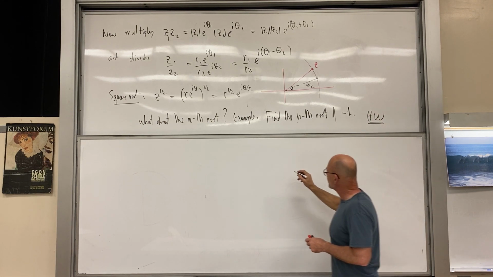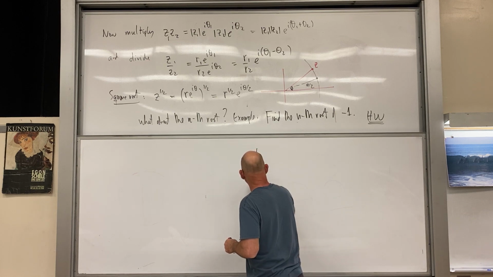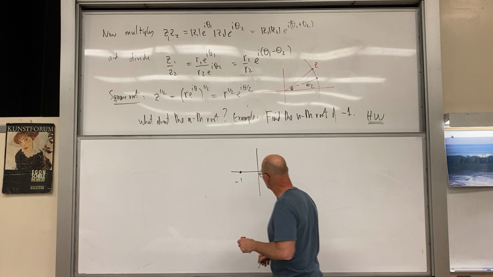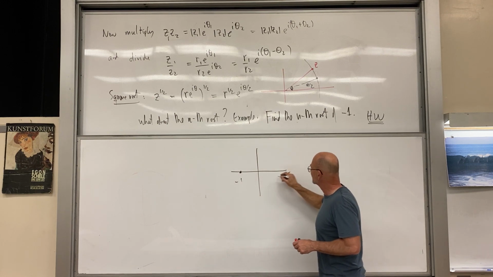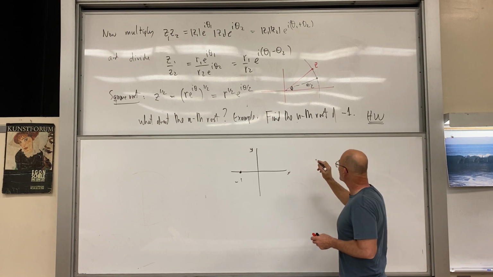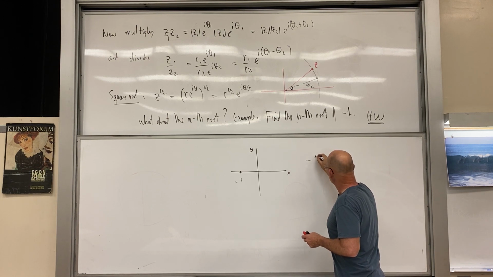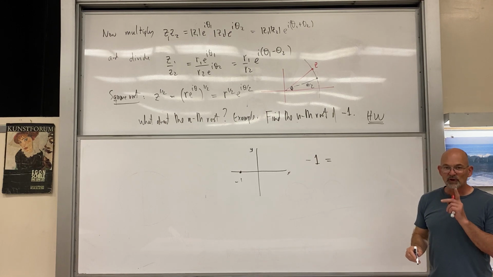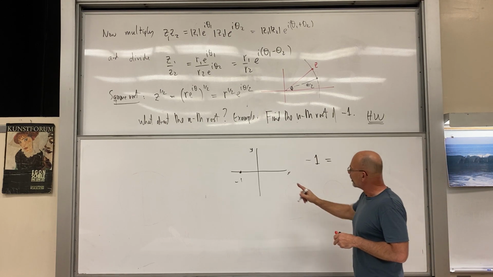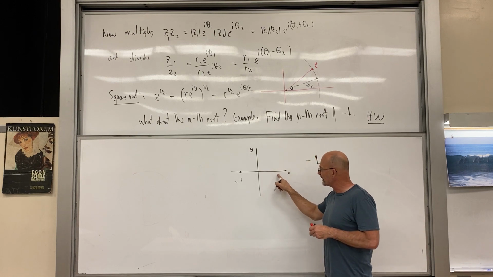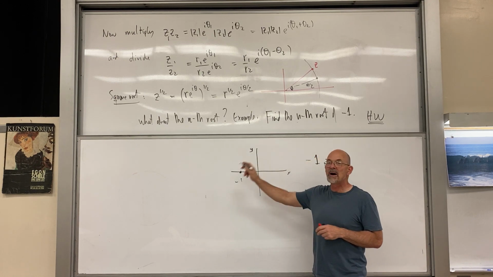But let's just explore this a bit. So here's -1, on the x and y axes. We want to find the nth root of -1. First of all, we can express -1 in terms of polar coordinates. What is the angle now? We've been measuring our angles from the positive x-axis, so -1 has the angle pi.